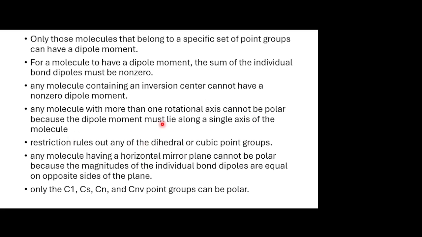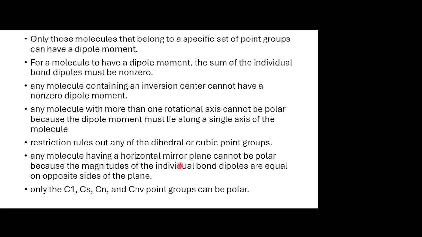And then the other one would be if you have a rotational axis and then a horizontal mirror plane that goes along with it. Because the rotational axis will eliminate one direction which it can do, and the horizontal plane will then eliminate the others, right?